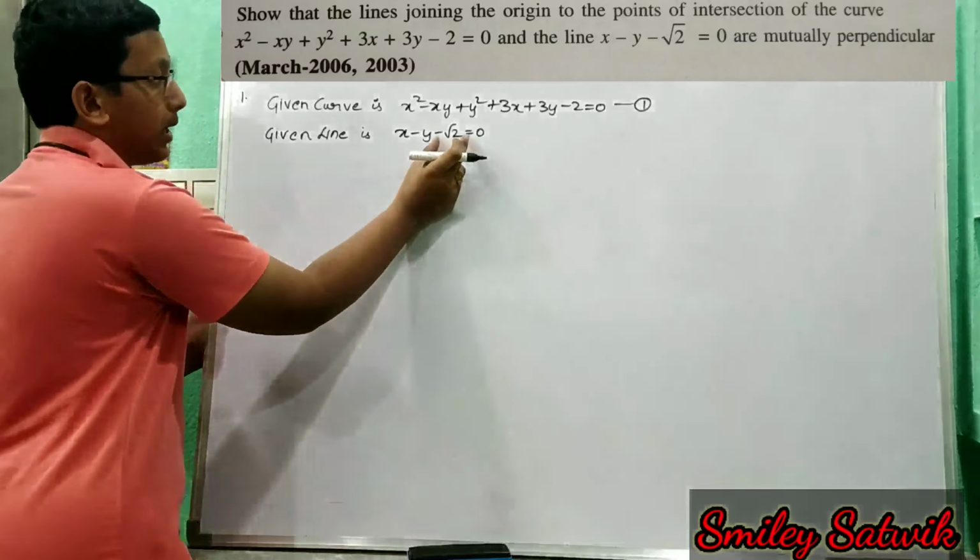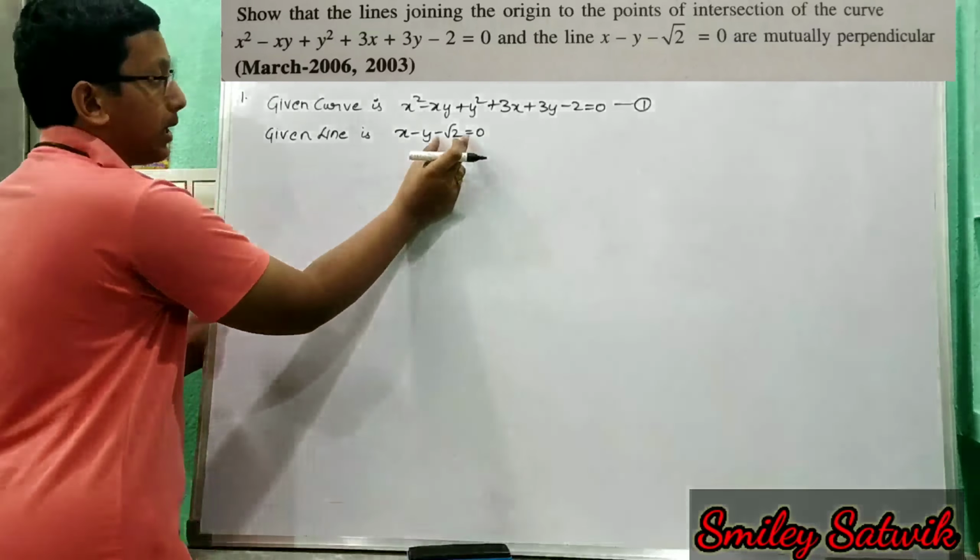Now in place of 1 and 1 square substitute this: x square minus xy plus y square plus 3x into (x minus y) by root 2 plus 3y into (x minus y) by root 2 minus 2 into ((x minus y) by root 2) whole square equal to 0.